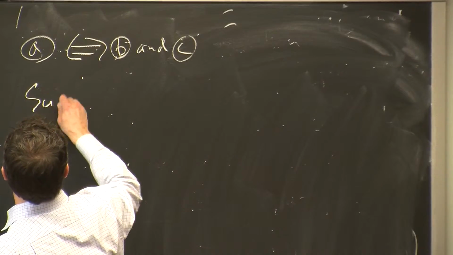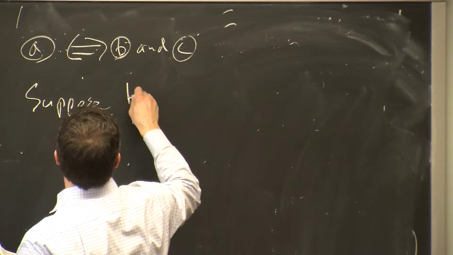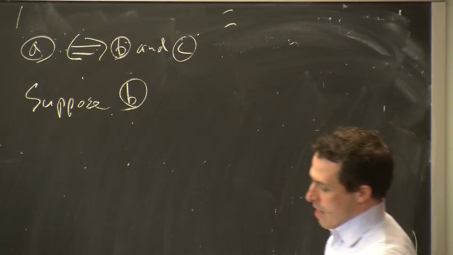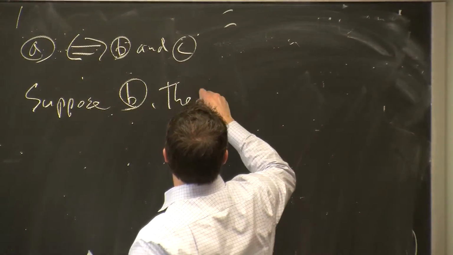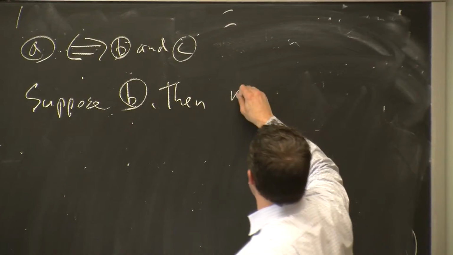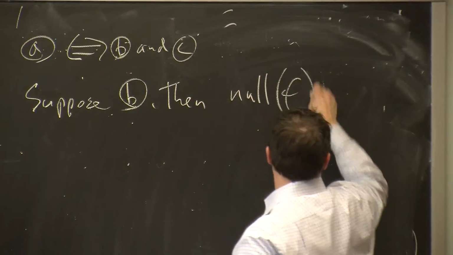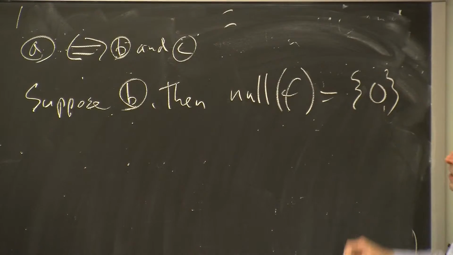So let's suppose that B holds, that is, F is injective. The other characterization of injectivity is in terms of the null space. That is, the null space of F is the zero vector space if F is injective.